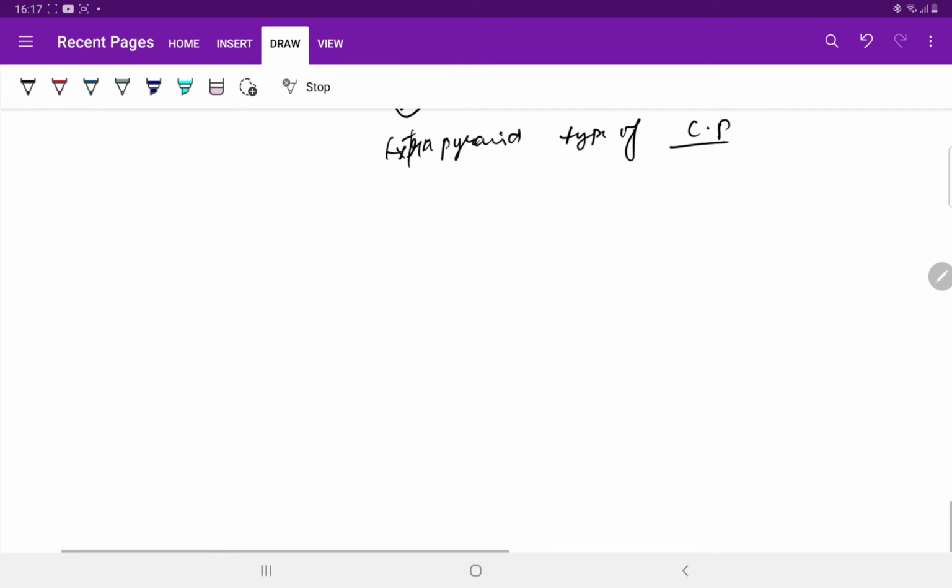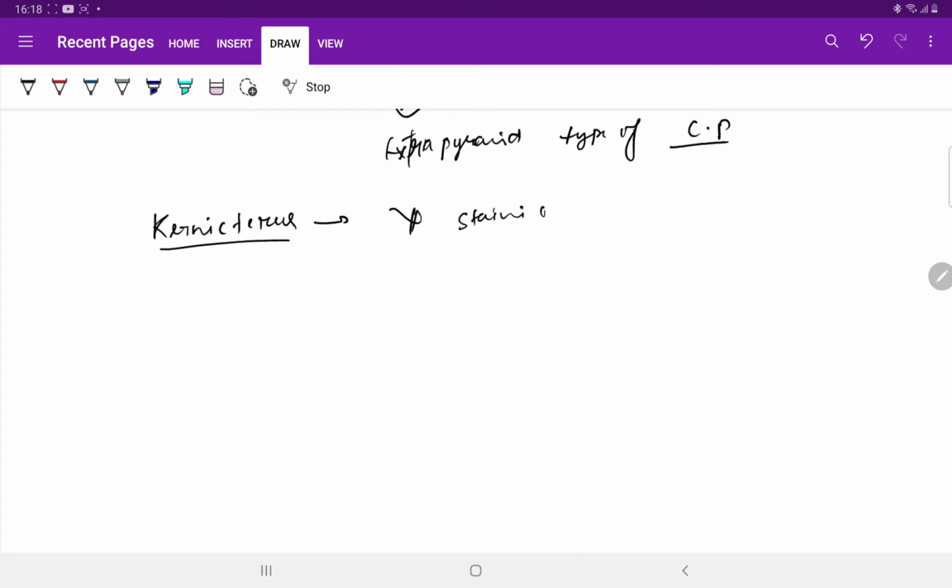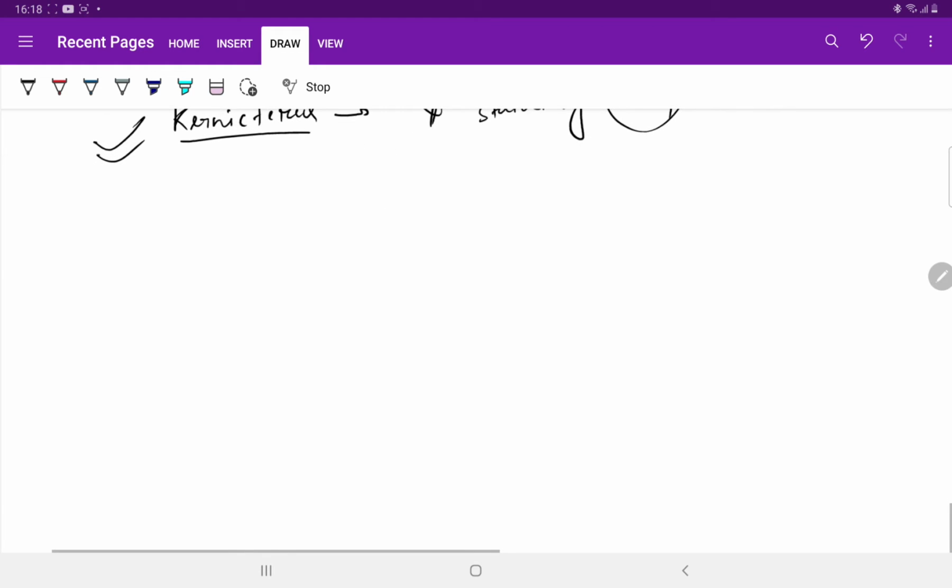Now there is a thing called kernicterus. Kernicterus basically means yellowish staining of the basal ganglia. When the basal ganglia gets stained yellow, it is called kernicterus.